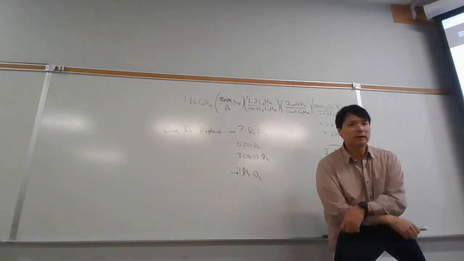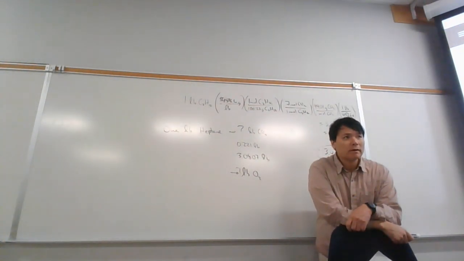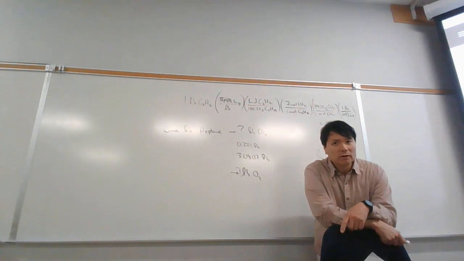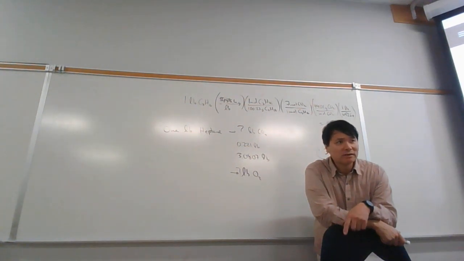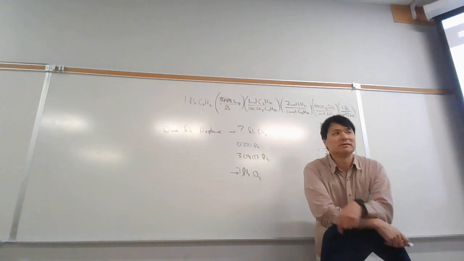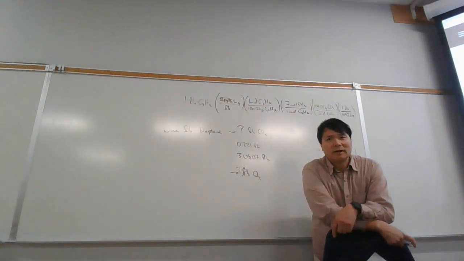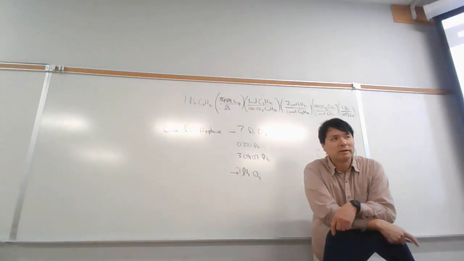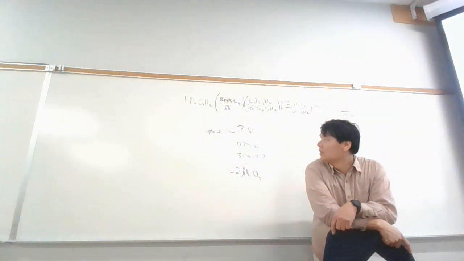Let me know when somebody gets it. 1.756? What did you get, Tristan? You got something different? 2.716. Oh, no, I was doing the first problem that you did. Okay. And somebody else confirm it. 1.7 pounds of oxygen for every pound of heptane.